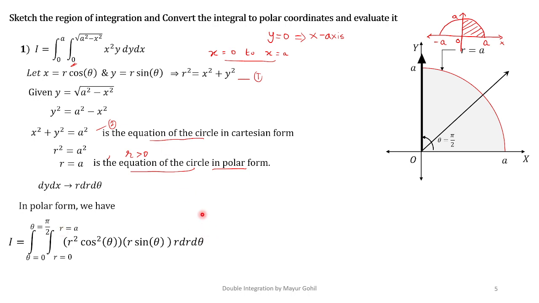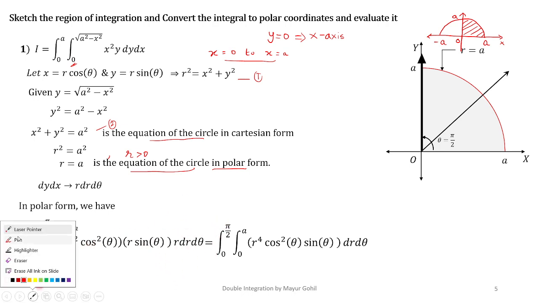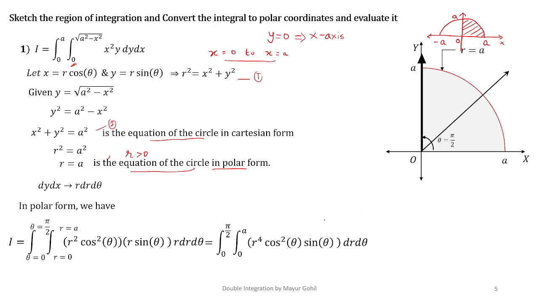Now let us simplify this integral into a more standard format. So the standard way of writing the integral is going to be this. Now I simplify this a bit more for our understanding, that this cos square theta sine theta can be written as sine 2 theta cos theta divided by 2. Now how do I get that?